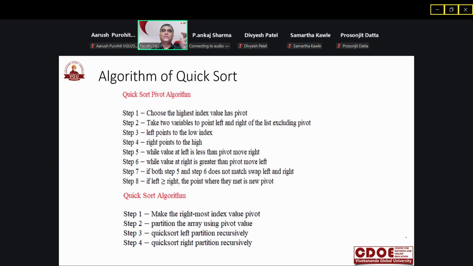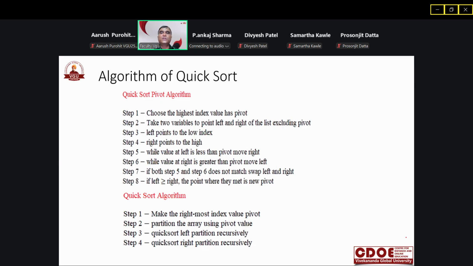If the left pointer is greater than or equal to the right pointer, the point where they met is the new pivot element. So finally, this is the first part of the quick sort algorithm, to set the pivot at its correct position.